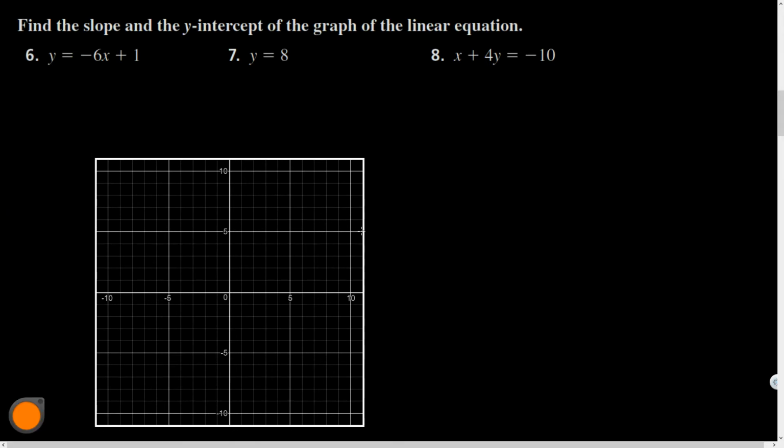Slope, y-intercept. Bunch of information out. Very similar to last. I'm looking for M and B. Get the B on the graph, and then watch me move by my slope.